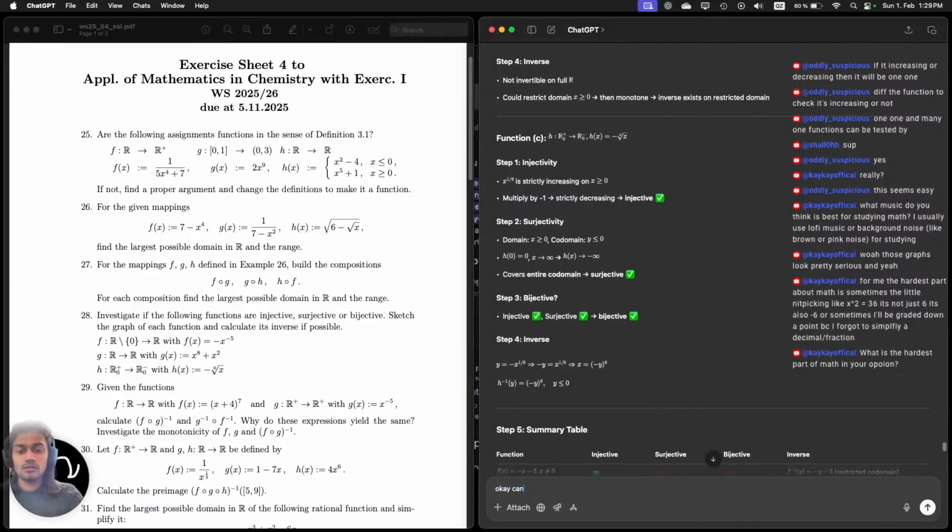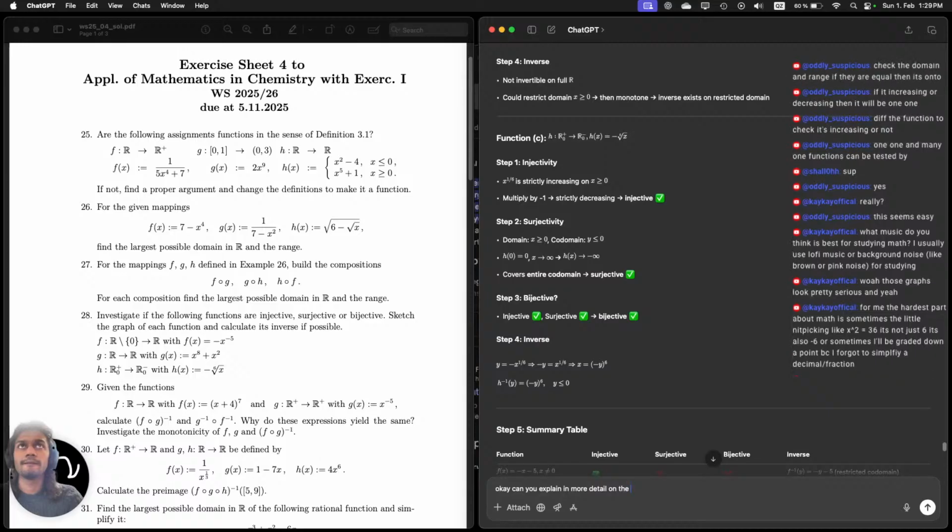Okay, can you explain in more detail on h of x being bijective?